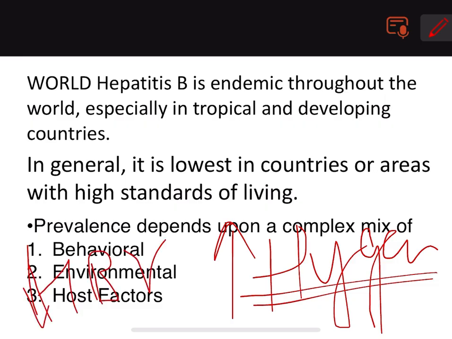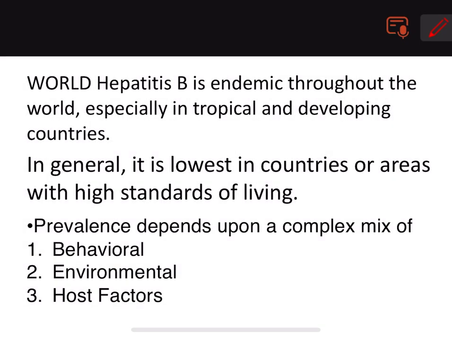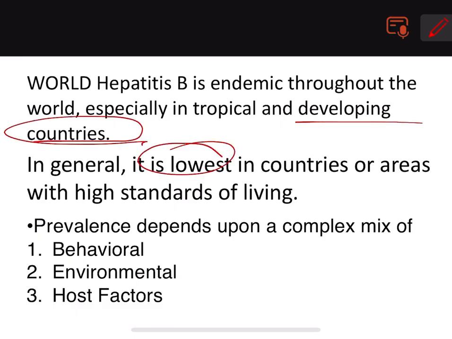Whereas in developing countries, it remains an endemic disease. It is high in tropical and developing countries, and low in high-standard countries. Prevalence depends upon the mix of behavioral, environmental and host factors.